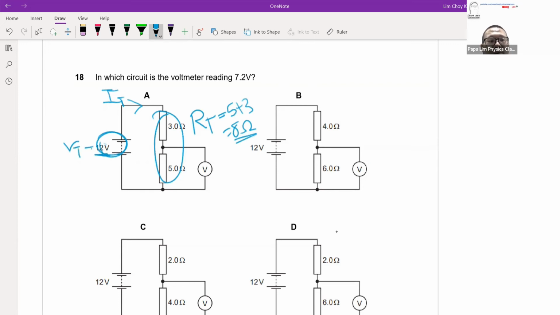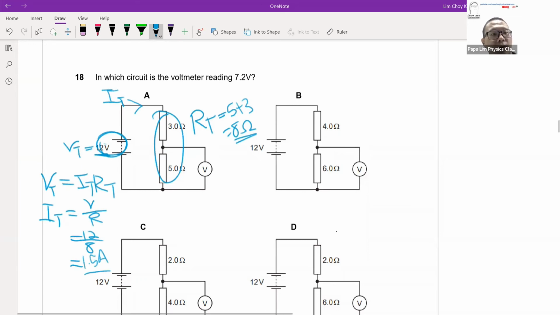So if I use Ohm's law, V equals IR, looking at total resistance, total voltage, and total current, I can find that the current flowing in the circuit, IT, is 12 volts divided by 8 ohms. 12 divided by 8, on the calculator, will be 1.5 amp. So this current here will be 1.5 amp.